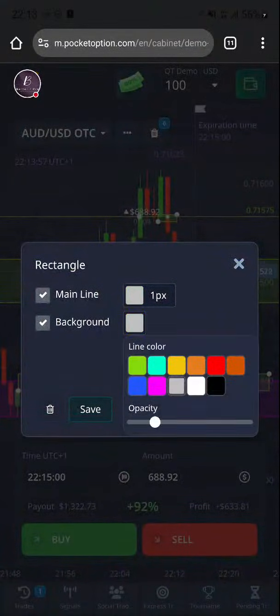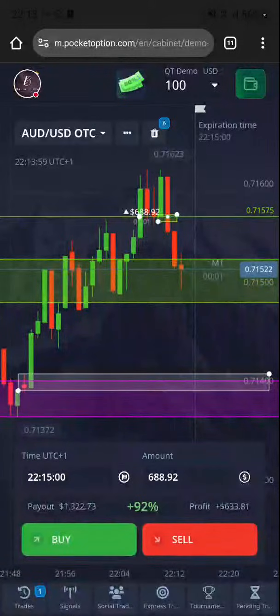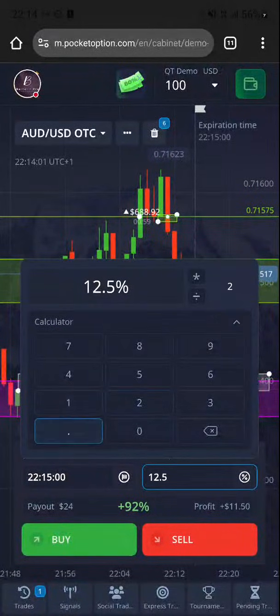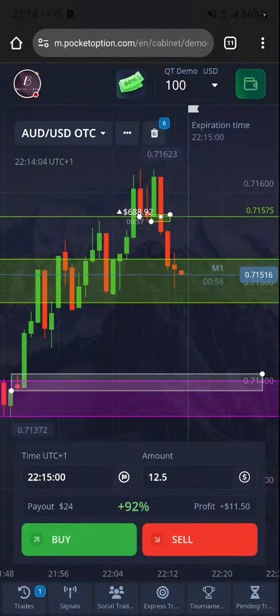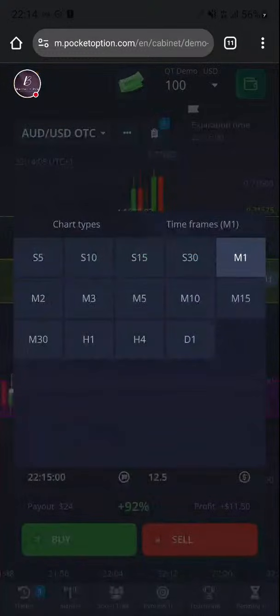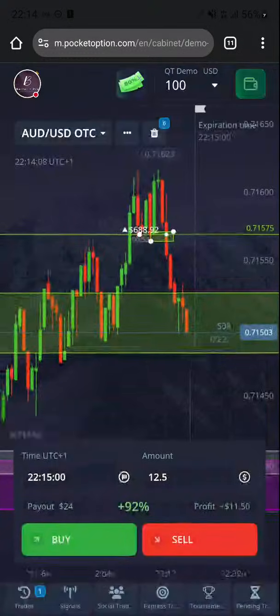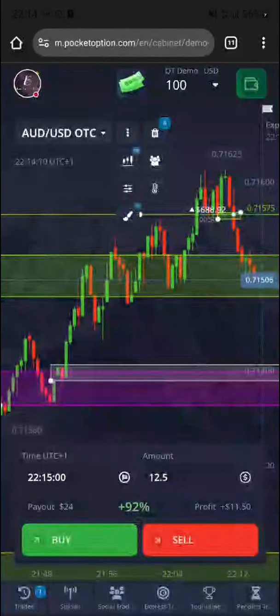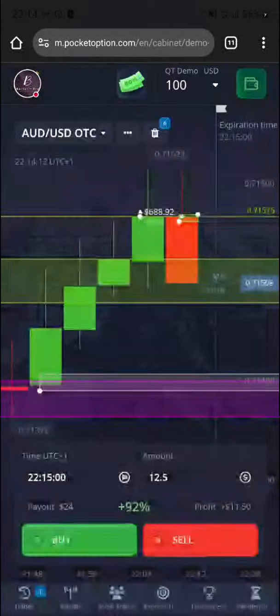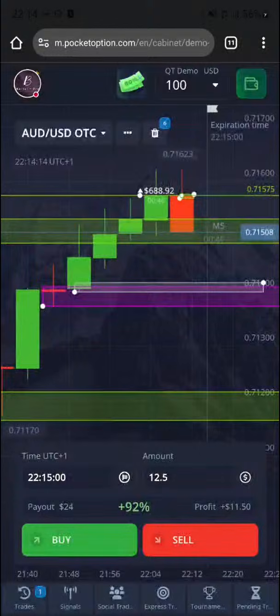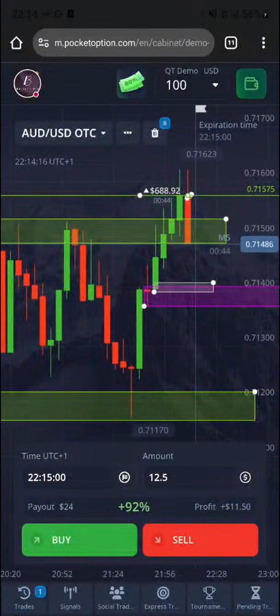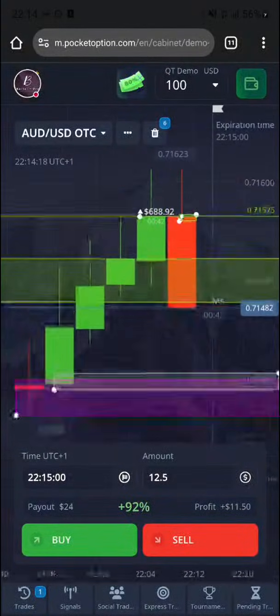Now look at this. Let's go with 12.5% of our balance. So if price comes into this entry, I'll check S30 just for the fun of it. But okay, that M1 entry is being confirmed already.